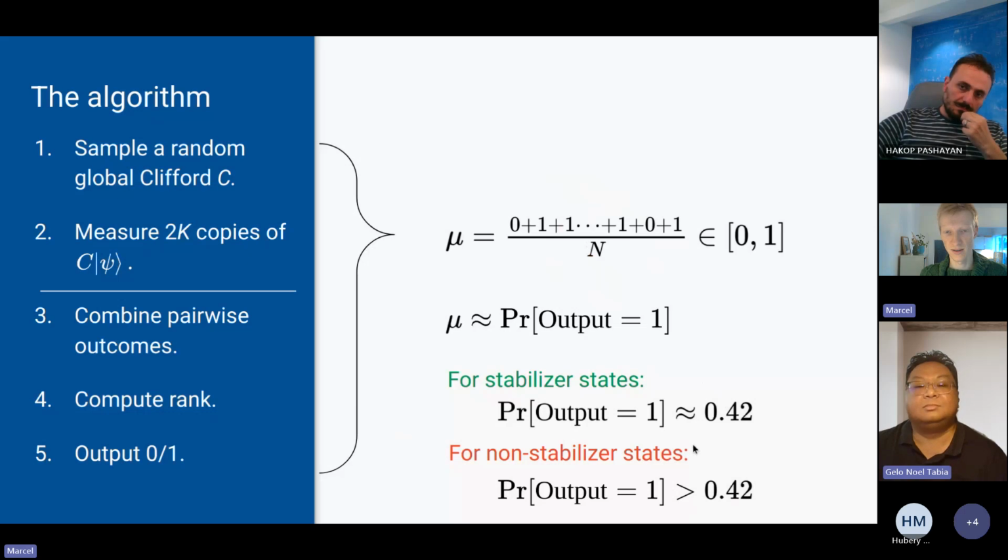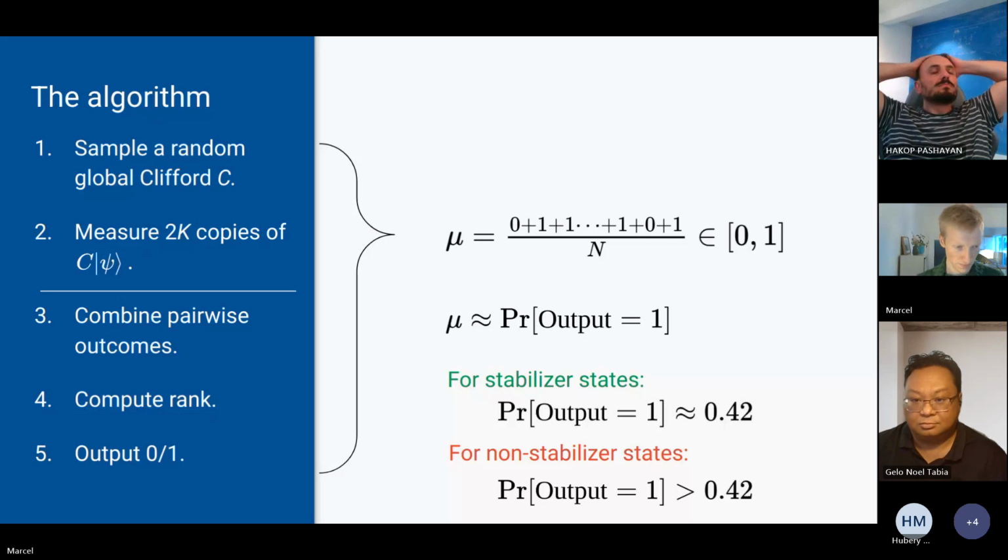You would still want to say, okay, this is not exactly a stabilizer state, but I can tell from my test that it's very close. And I believe that this test that we have developed cannot do this, because the relation between magic and this number is not very good, not very smooth somehow.